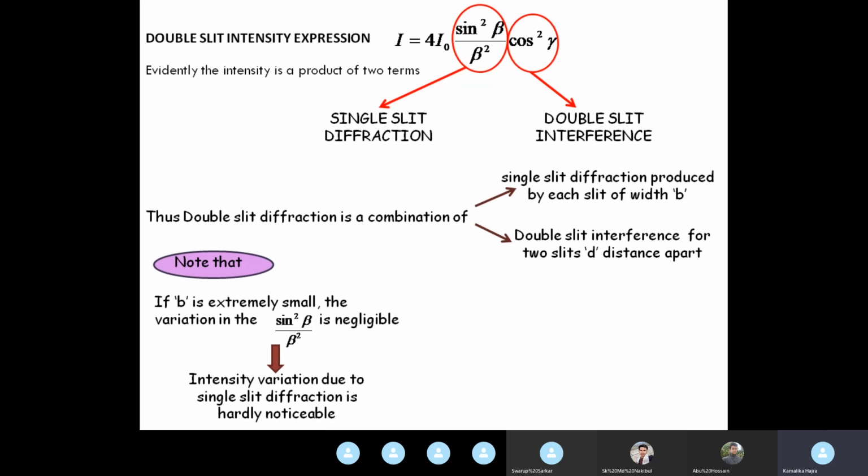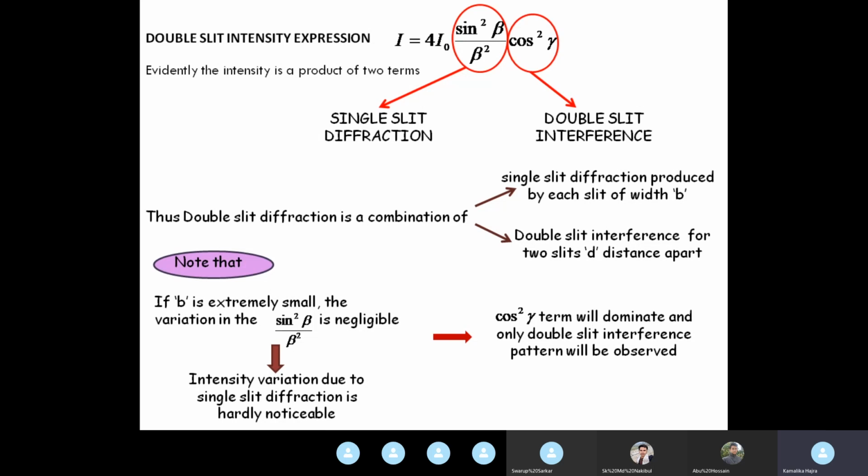And then the intensity variation due to single slit diffraction is hardly noticeable. All right. And that is why we see that the intensity pattern is governed by the cos square gamma term. And what we see is double slit interference.